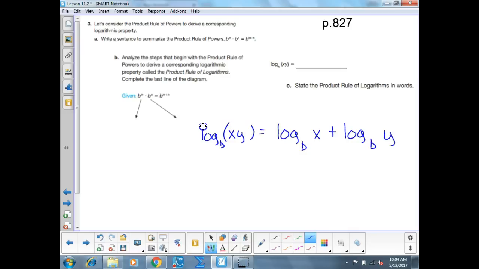With me? Okay, we developed that one yesterday. Now, let's think mathematical logically. What's the inverse of multiplication? Division. What's the inverse of addition? Subtraction.